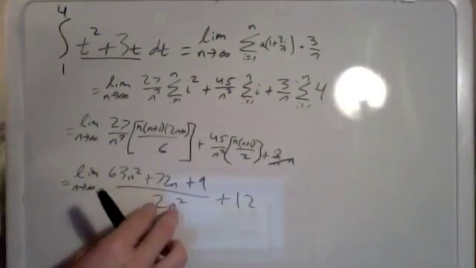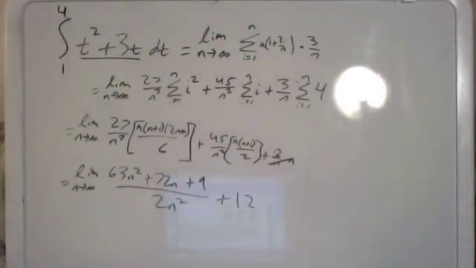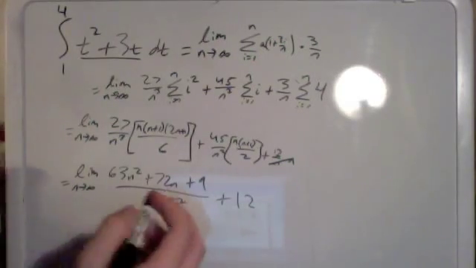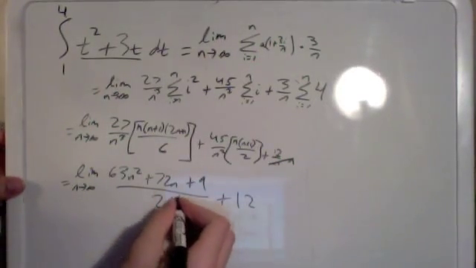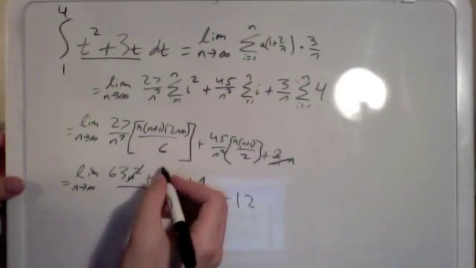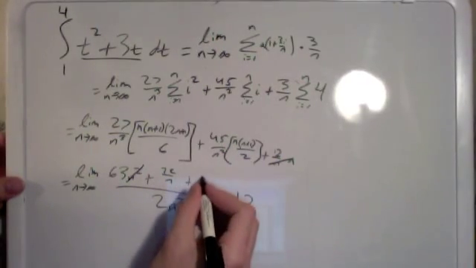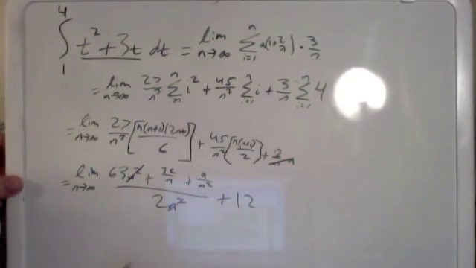So now we're going to divide all these terms by n squared, so we can get a limit that we can actually solve. And when you do that, that's going to go away, that's going to go away. This is going to become 72 over n, and this is going to become 9 over n squared.